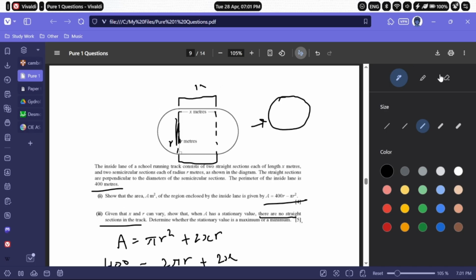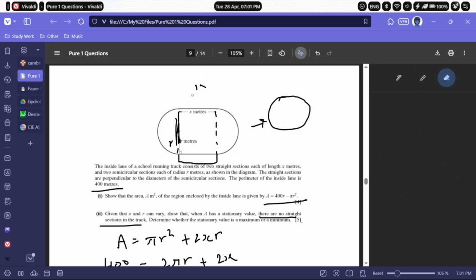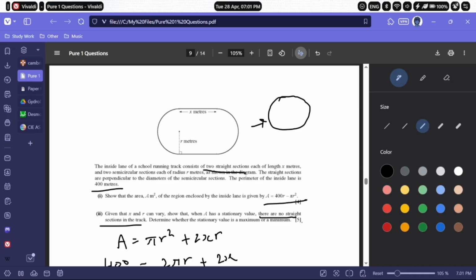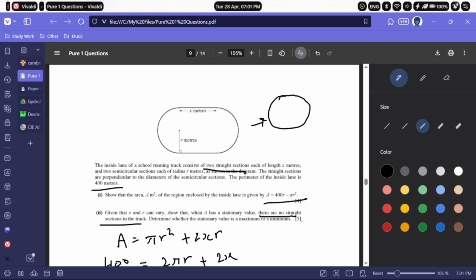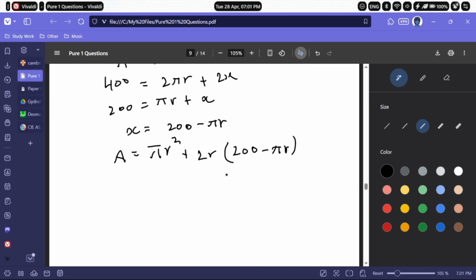And if you look at the track in its current state, the only straight sections, like they said, are these two straight sections which are x and x, right? So when x is equal to 0, that's when there won't be any sort of a straight section. That makes sense, right?